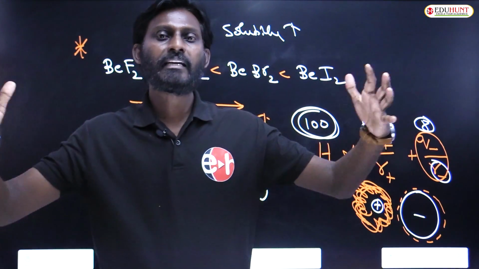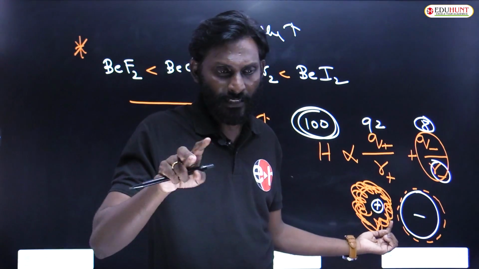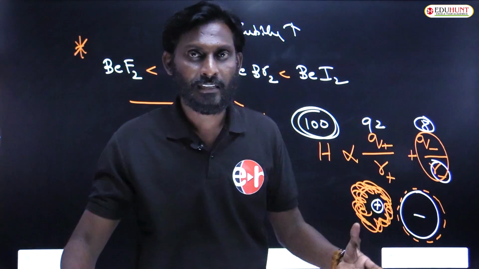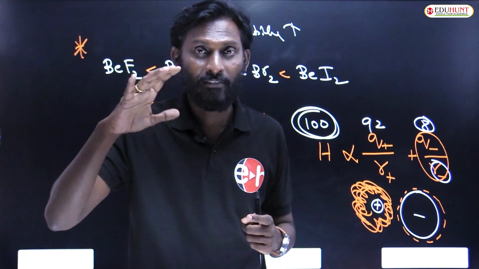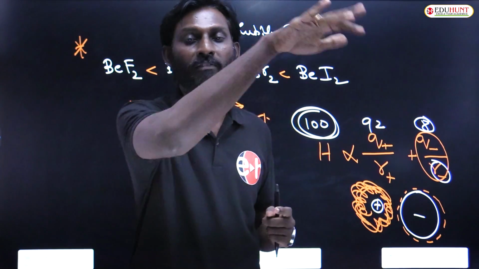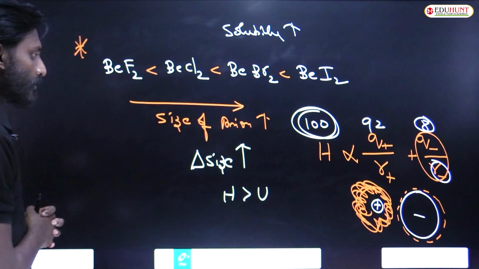So if the difference between the size of the cation and anion increases, the value of the hydration enthalpy is not changing as much as the value of lattice enthalpy is changing.